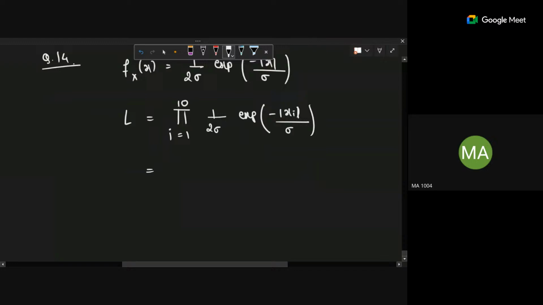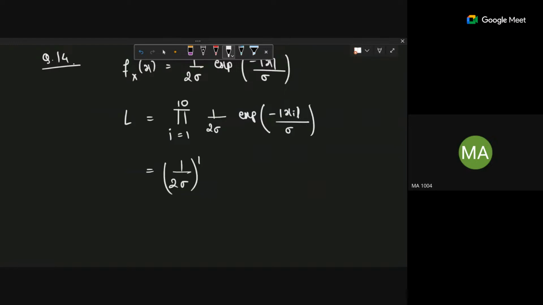Once we make the product, this is 1 upon 2 sigma raised to the power 10. And exponential a times exponential b is e to the power a plus b, right? So can I write it as exponential of the sum from i equal to 1 to 10 of modulus xi upon sigma? Is it fine if I write like that?